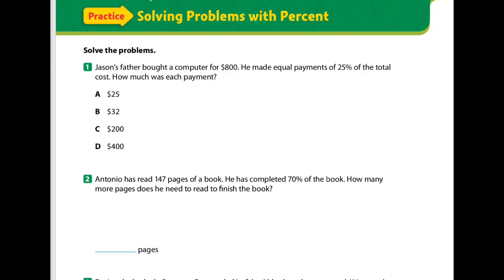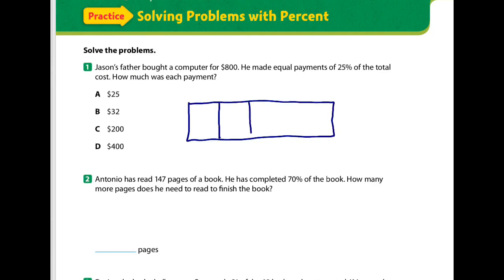So I'm going to kind of do a ratio or percent table here. I'm going to draw a rectangle here. I'm going to split it into 4 pieces. And the reason I'm splitting it into 4 pieces is because that's quarters. That's 25%. So I have 0%, 25%, 50%, 75%, and 100%.